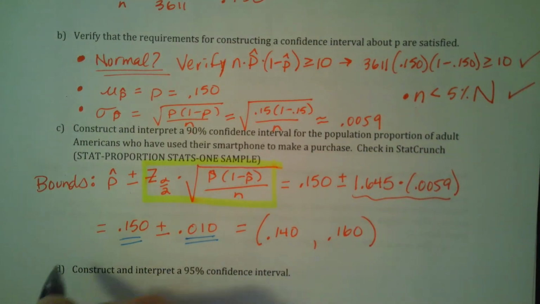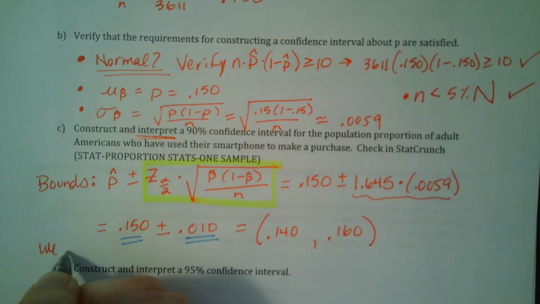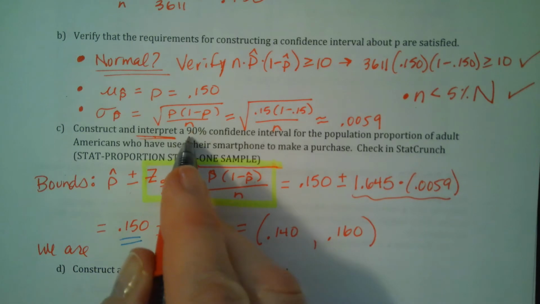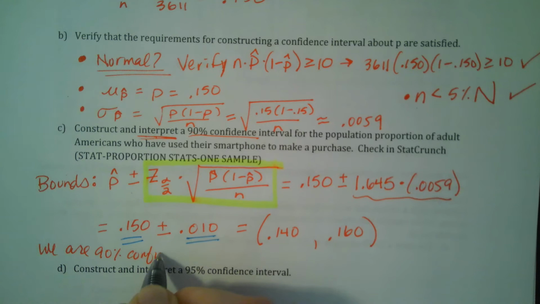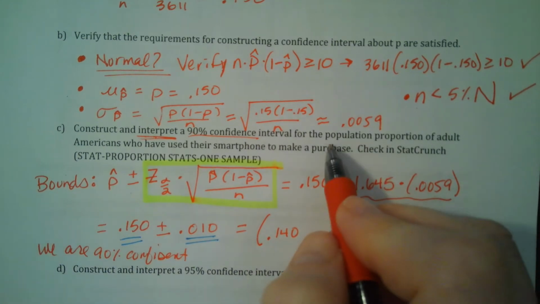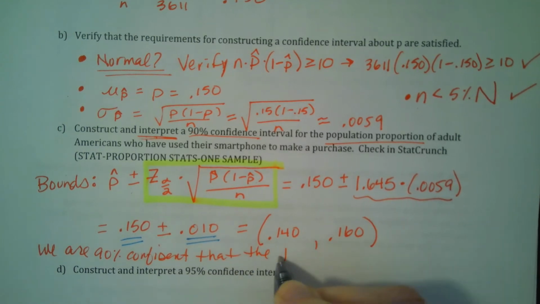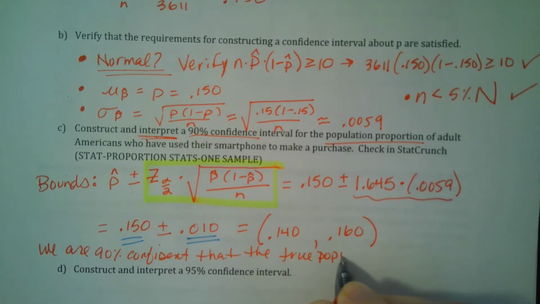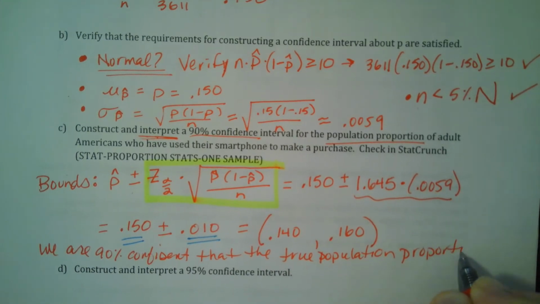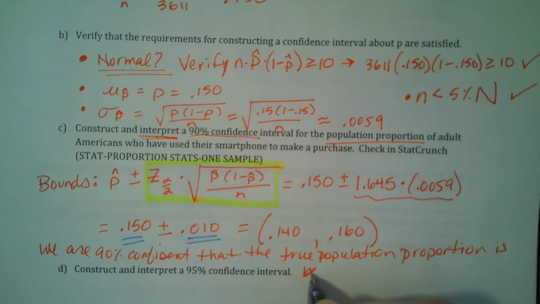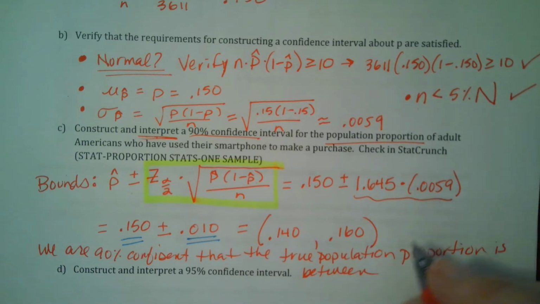A sentence that I would say, because it does tell me to interpret, is that we are, how confident are we? We are 90% confident that the population proportion is between 14% to 16%.